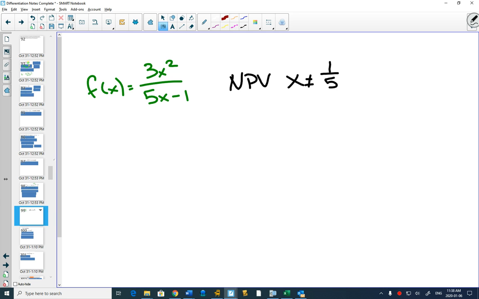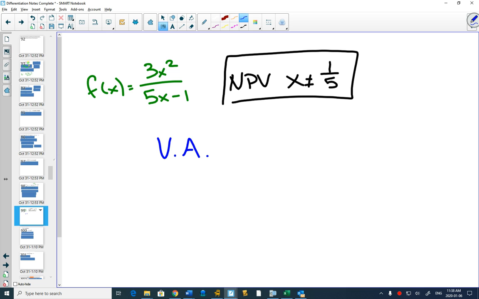That's a non-permissible value. When you write a non-permissible value, you can have the line through the equal sign because you're saying x can't equal 1/5. The vertical asymptote is an equation. It's going to be x equals 1/5.